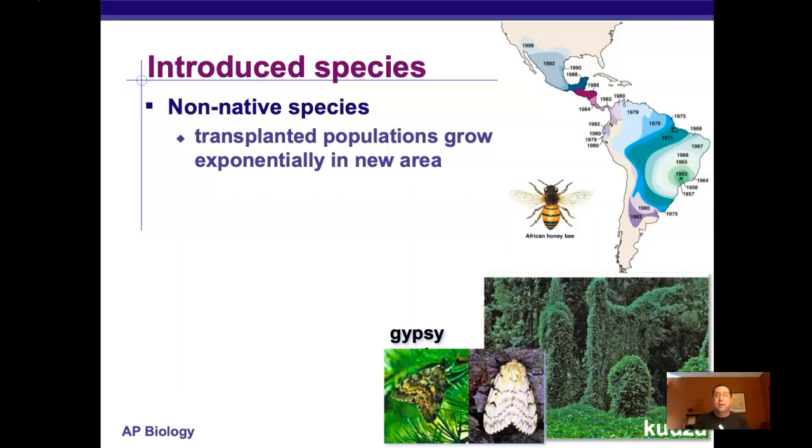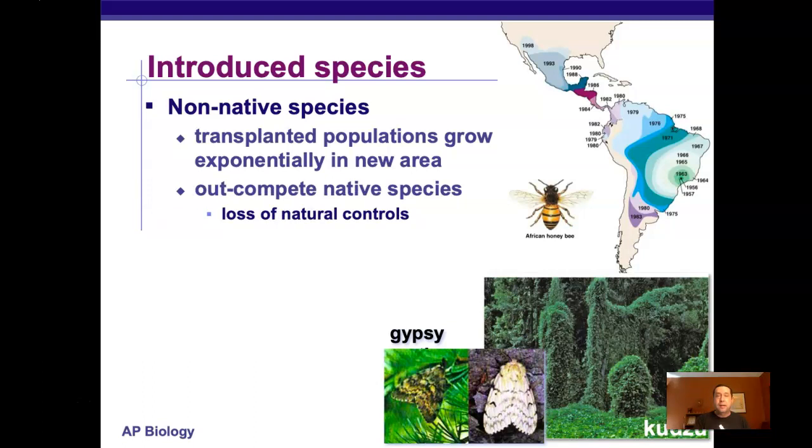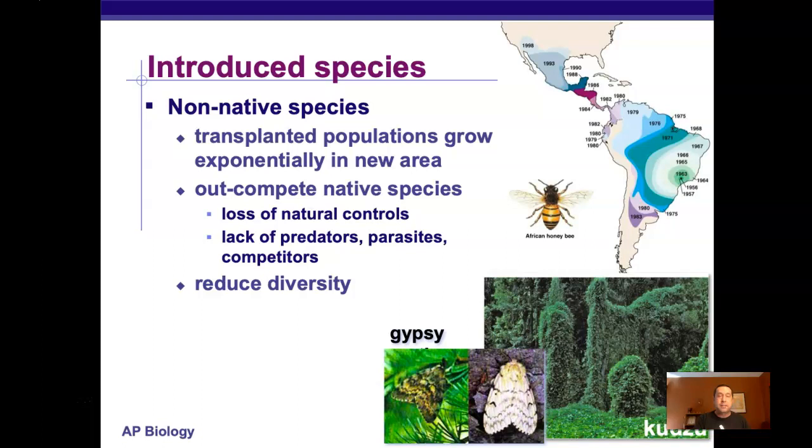They don't have other things that can limit their size. They often outcompete the native species, and they cause all kinds of problems because of a loss of natural control, because there aren't predators or parasites or other competitors that can control their population size. It leads to a reduction in diversity, which is a less healthy environment, less healthy ecosystem.